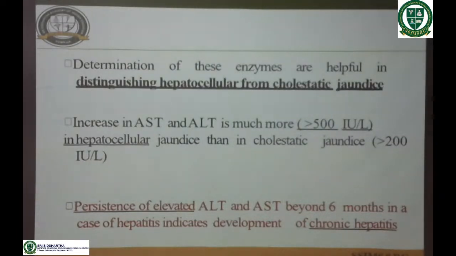But in hepatocellular jaundice, we can see AST and ALT concentrations more than 500 units per liter.